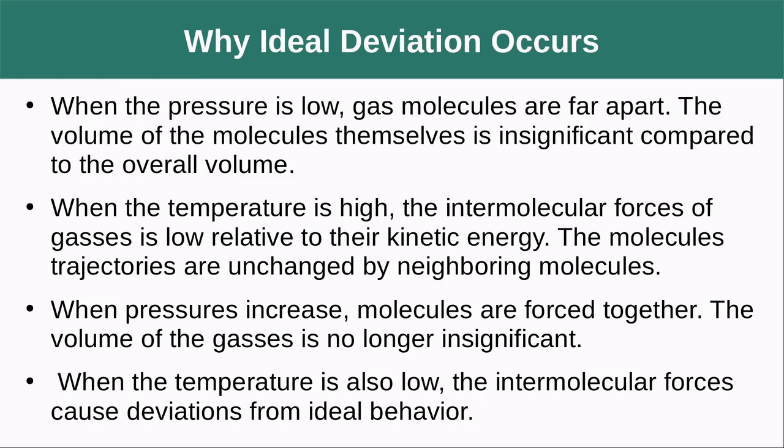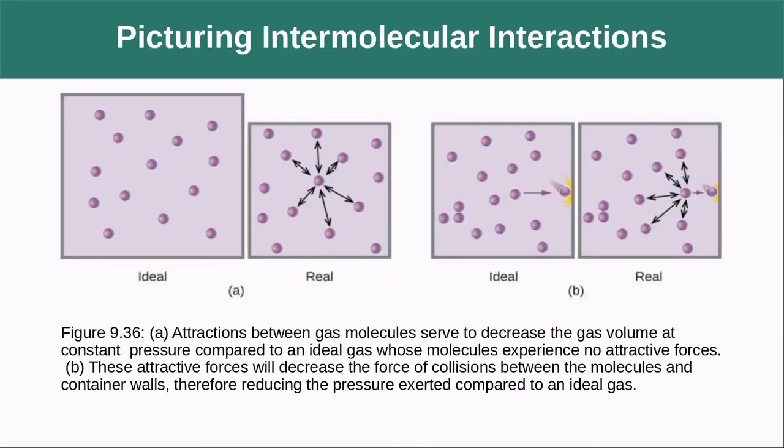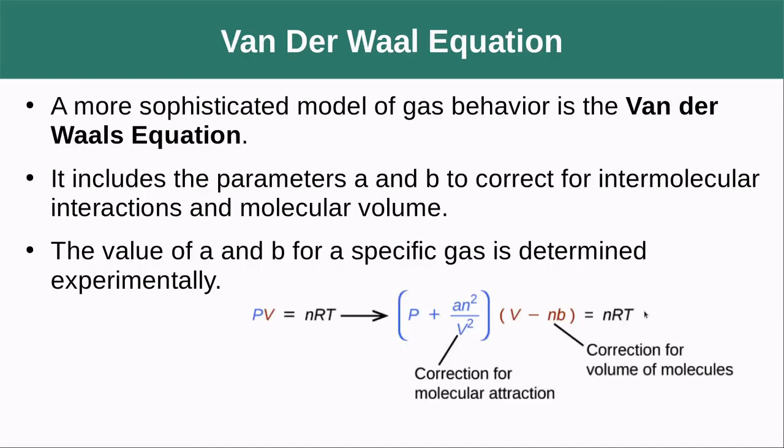When the temperature is low, intermolecular forces can cause deviations in the molecules' trajectories. We can picture that here: as we start to shove them together, we get all these interactions that cause different trajectories for the gas molecules.